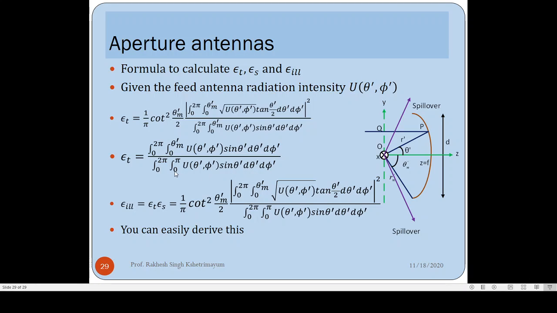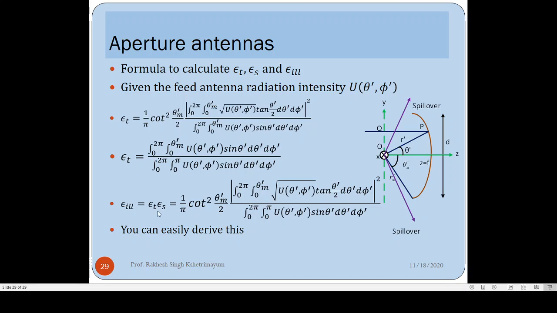Don't forget that this limit has changed now: theta dash goes from 0 to pi, since we take all possible values of theta dash. This gives the total radiated power from the feed antenna, and the power reflected by the parabolic reflector is the numerator. That ratio gives the spillover efficiency.